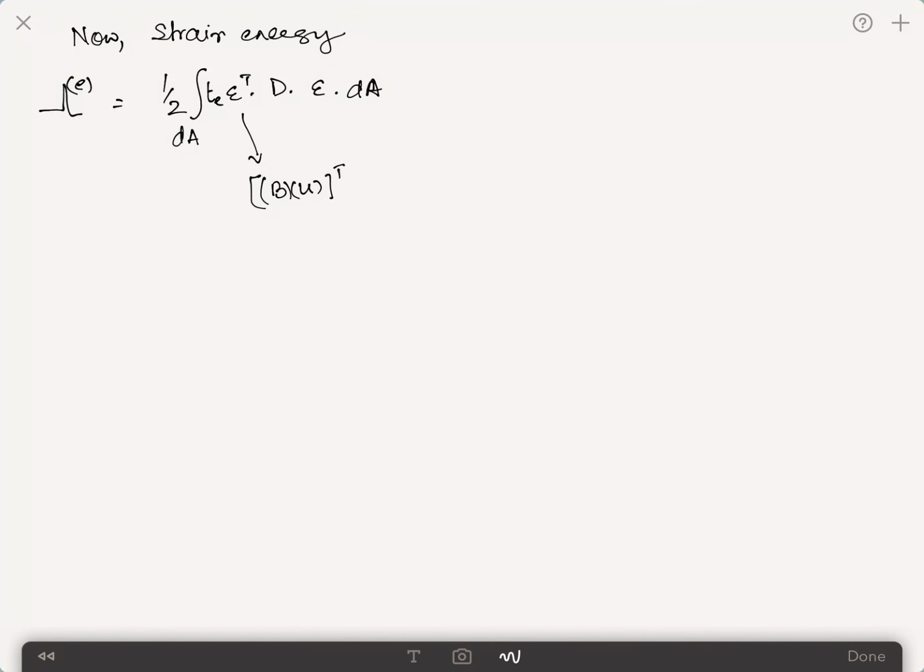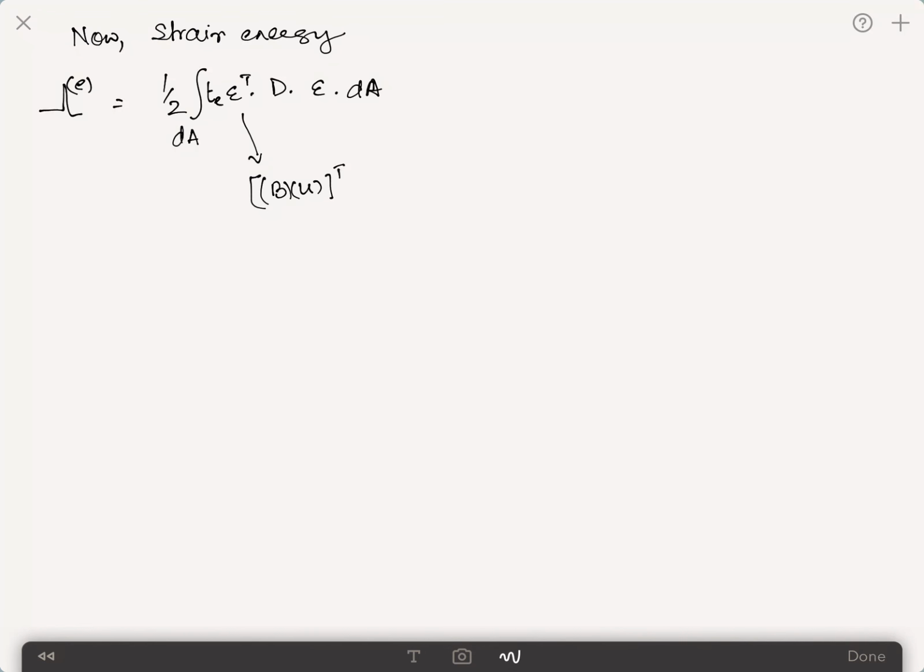Now strain energy was given as the integral of epsilon transpose d epsilon, this was times dE, and here there was a half and a dA. Now we can replace the epsilon transpose with B and U times transpose. We can do that quite easily.